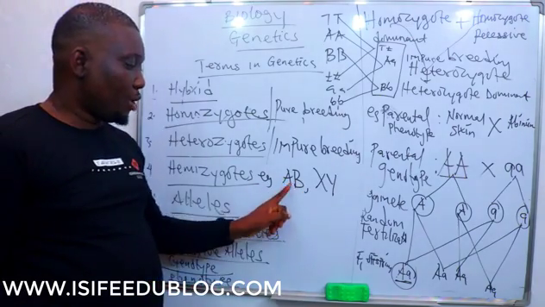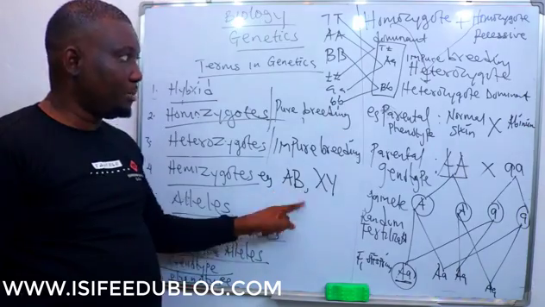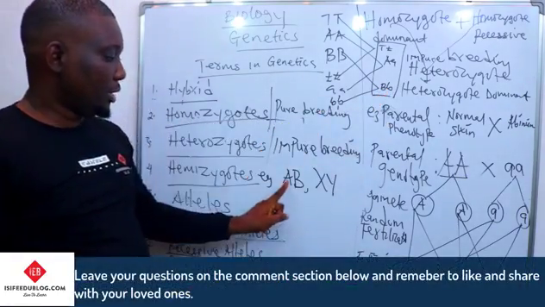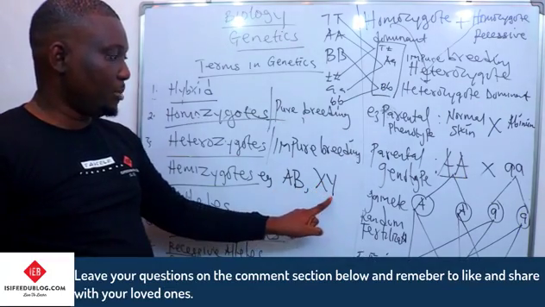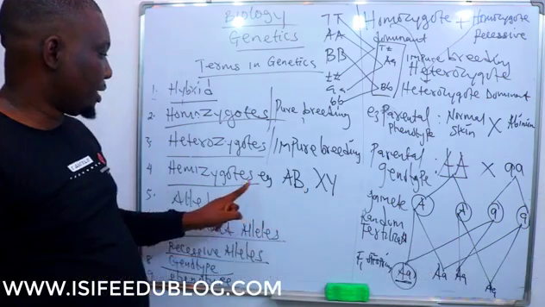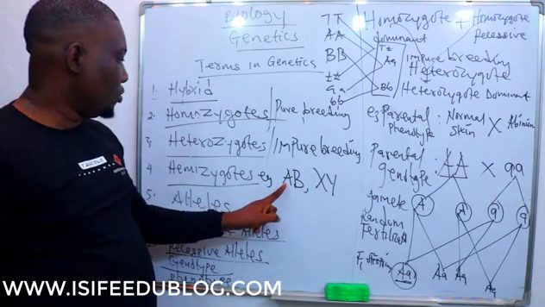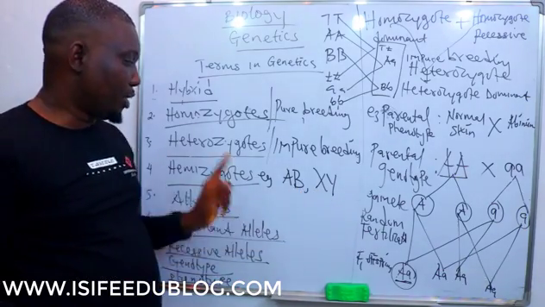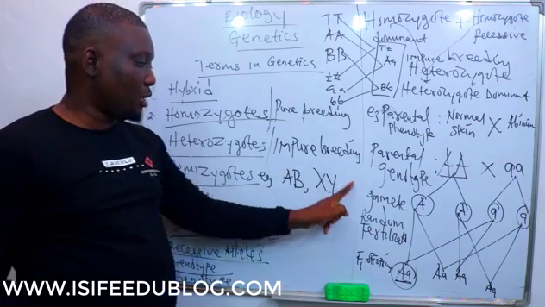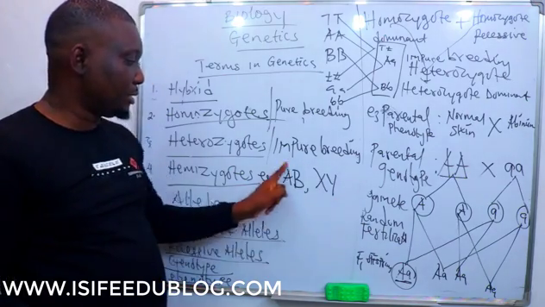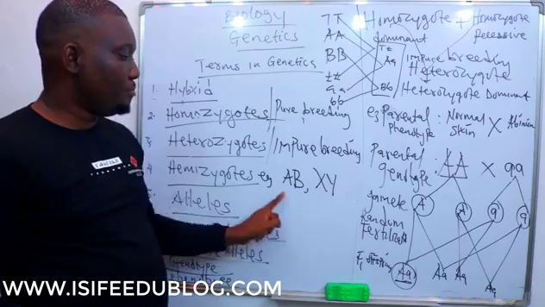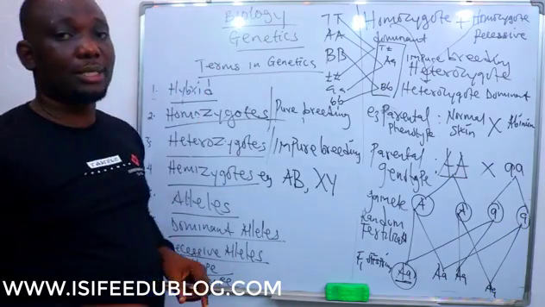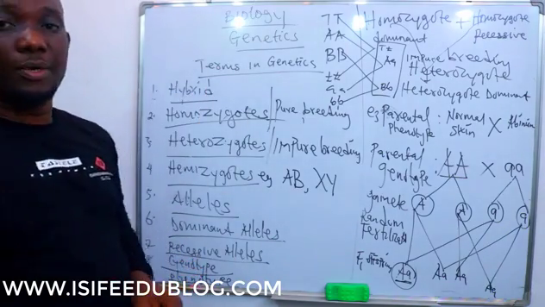The two pair of AB are unsimilar. Just like this is unsimilar, this is unsimilar too. But we cannot use heterozygote to describe this or this, because we cannot obtain any of this by mating or matching homozygote dominant and homozygote recessive.